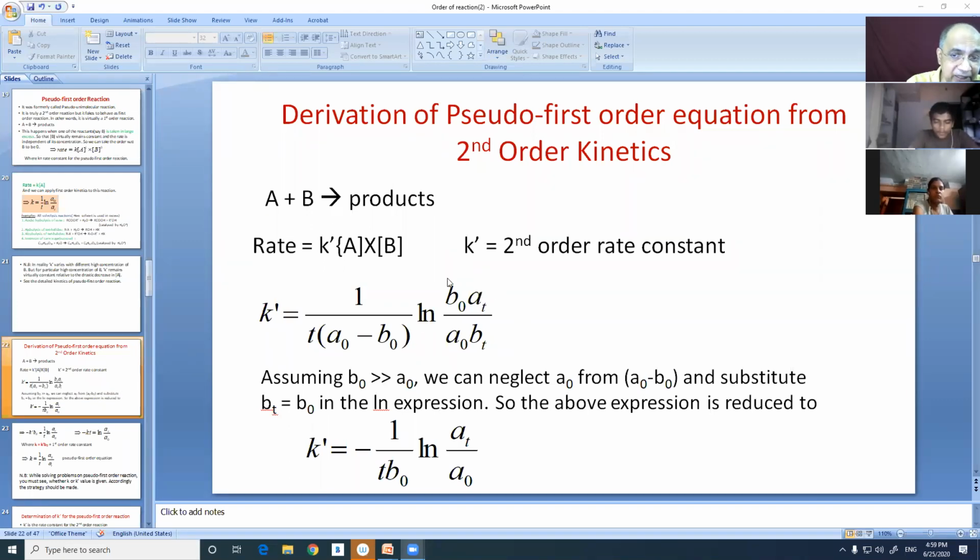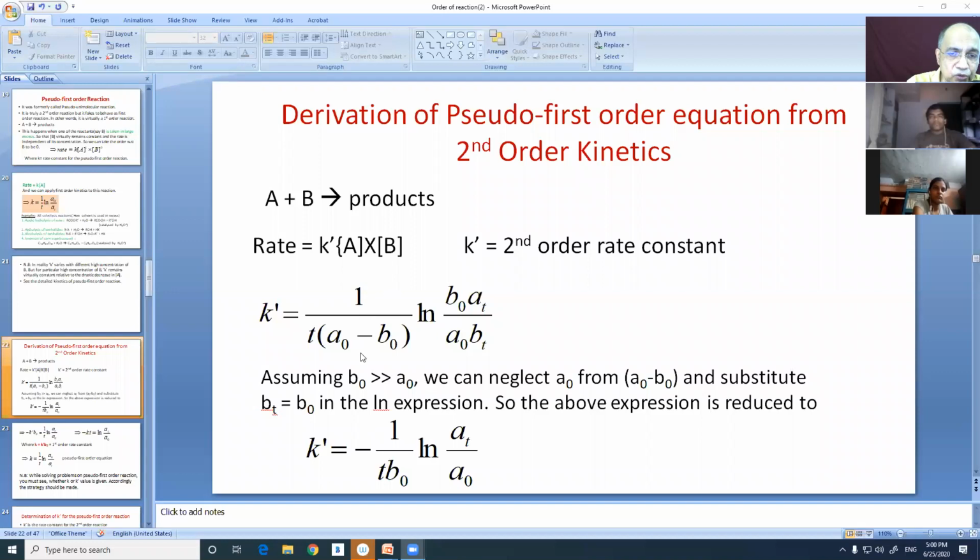And in the ratio, you can equate BT to be equal to B0, because the change in the concentration of capital B is very minimal since the starting value is so high. So BT is roughly equal to B0. So this term gets cancelled and this B0 remains, A0 is cancelled.